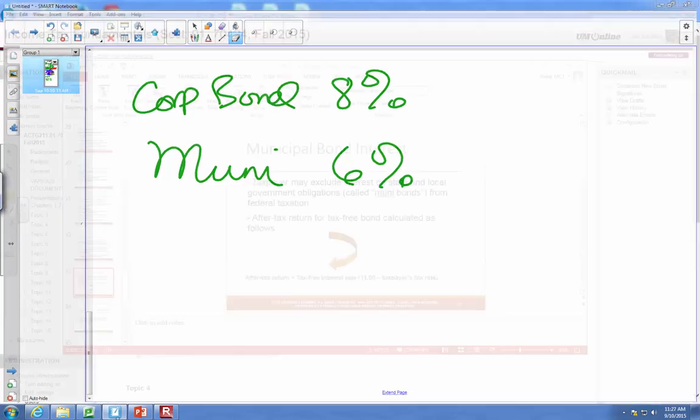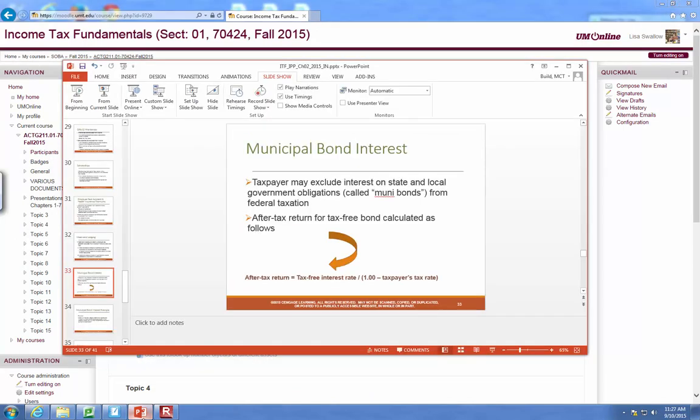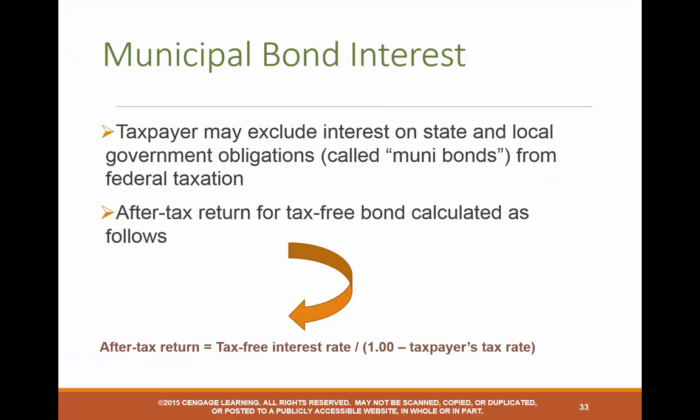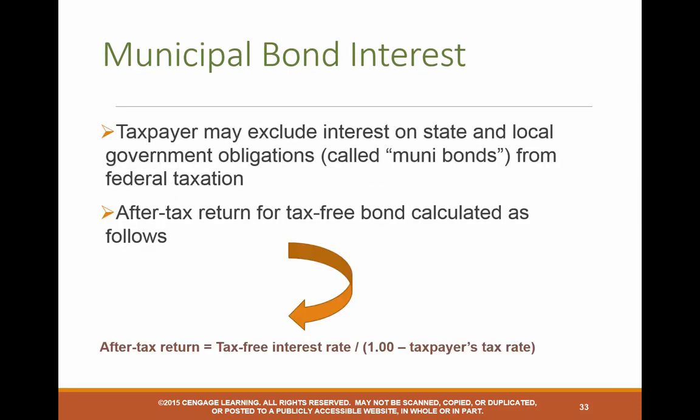So let's take a look at the calculation here. To get everything to the after-tax return, you're going to take the tax-free interest rate, which in that case was 6%, and divide it by 1 minus your tax rate.